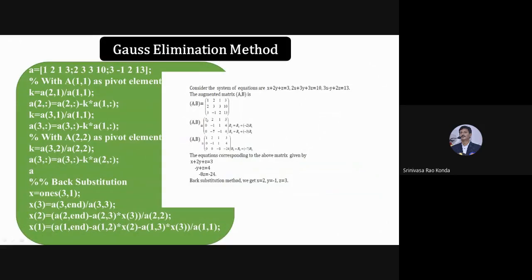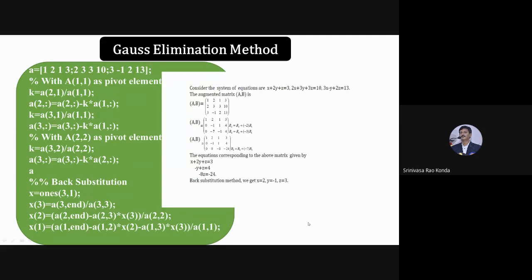Consider the system of equations: x plus 2y plus z is equal to 3, 2x plus 3y plus 3z is equal to 10, 3x minus y plus 2z is equal to 13, using the Gauss elimination method.